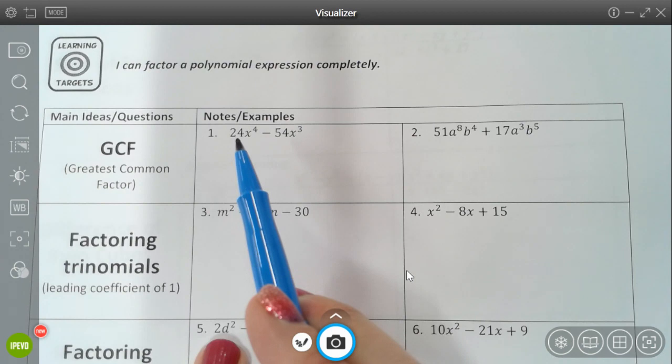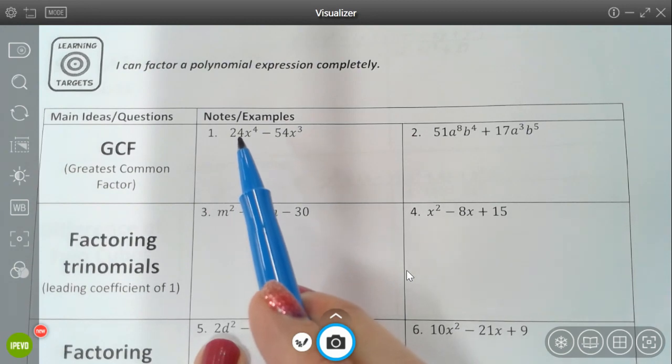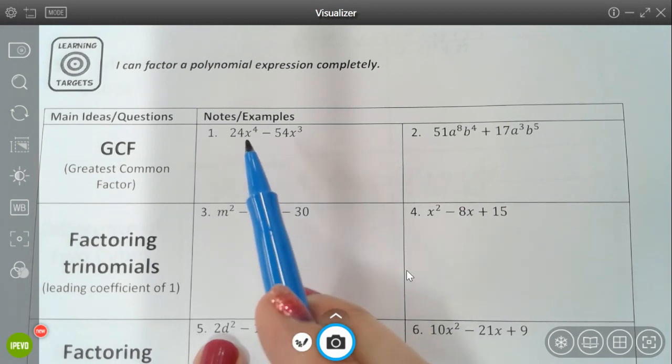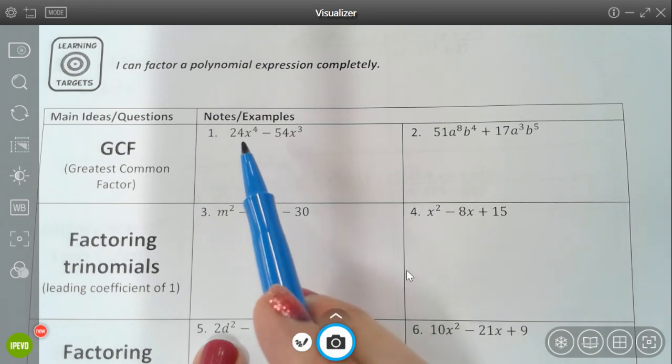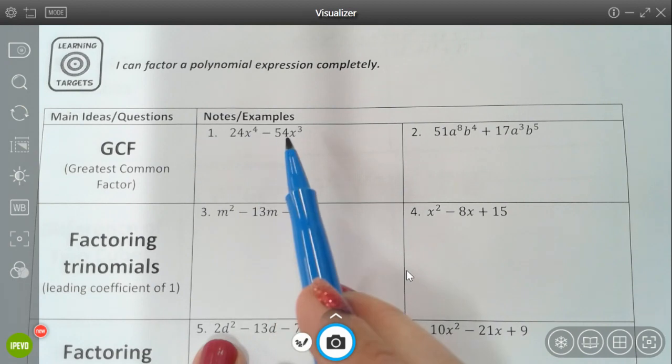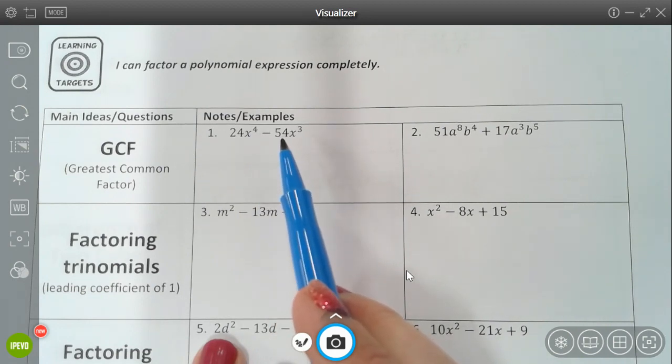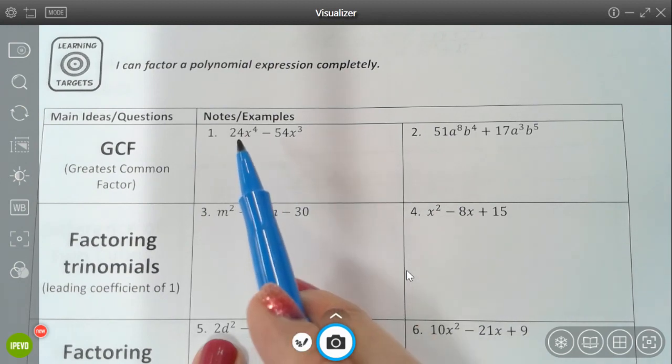So when I think of factors of 24, I can use 1 and 24, which won't match there, 2 and 12, 2 works, but I don't know if that's the biggest one, 3 and 8, and then 4 and 6. Now, if I think about all those lists of factors, 6 is the biggest number out of that list that will also divide into 54. So in terms of my monomial, I'm going to use 6.